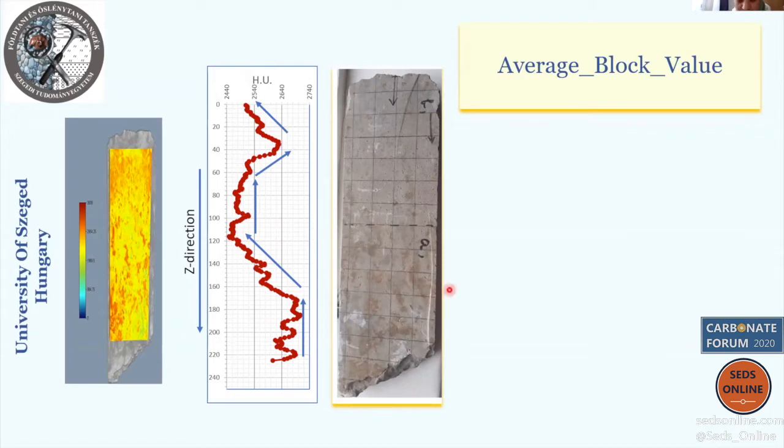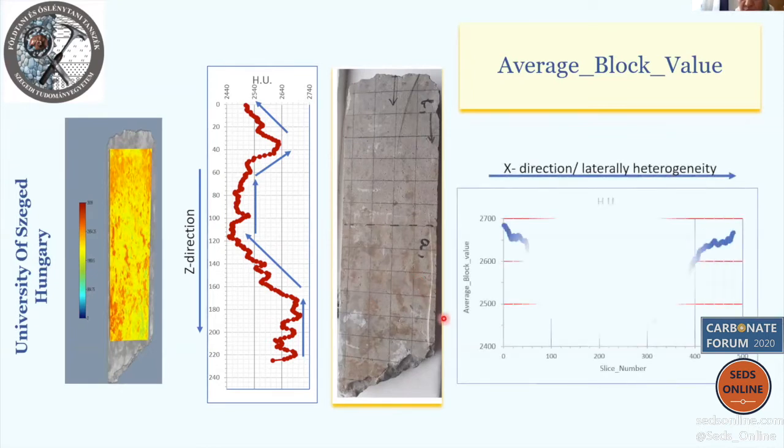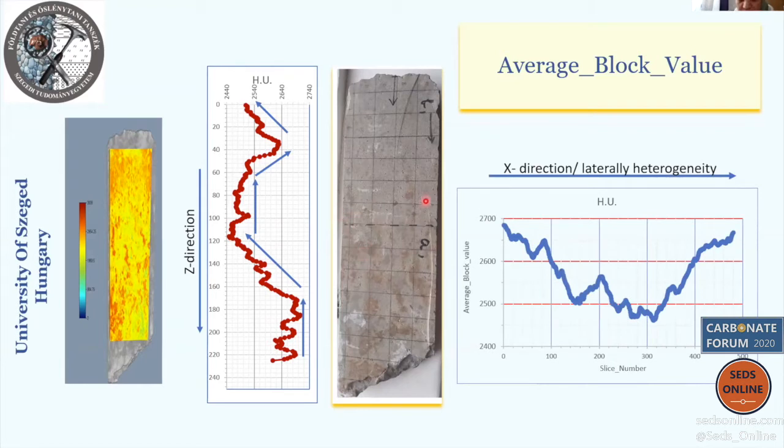We can see the different color, so it could be the limonite. There is a variable. And I got another direction for the average block value in the CT direction to see the lateral heterogeneity. And we can see different Hounsfield values across the cross section for the different kinds of material.